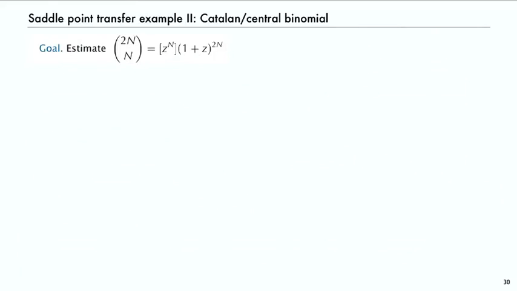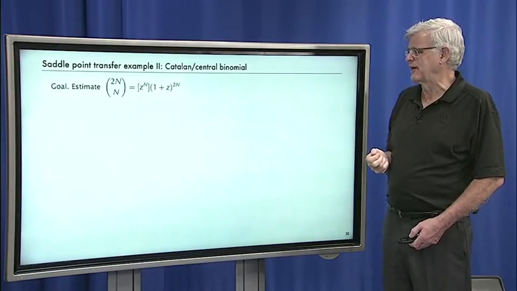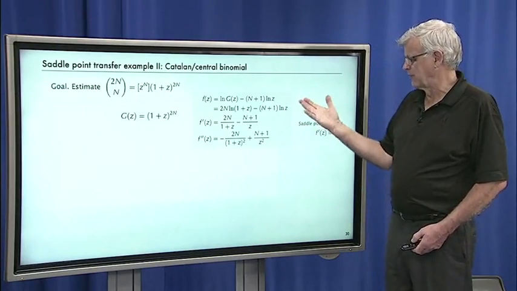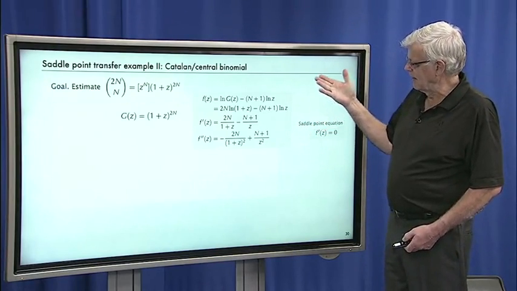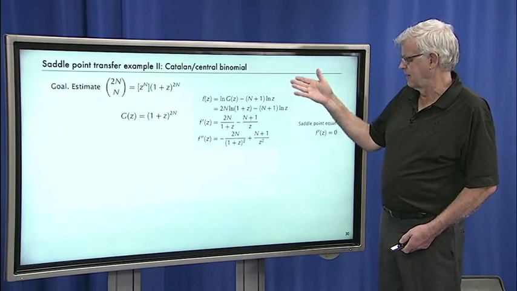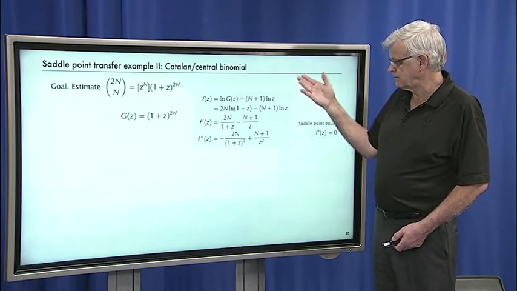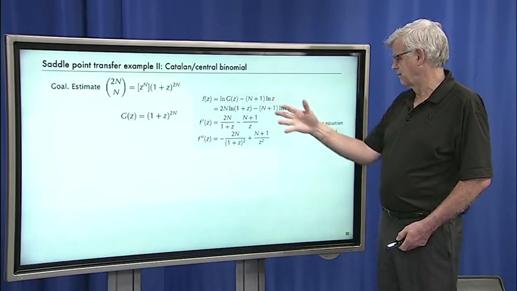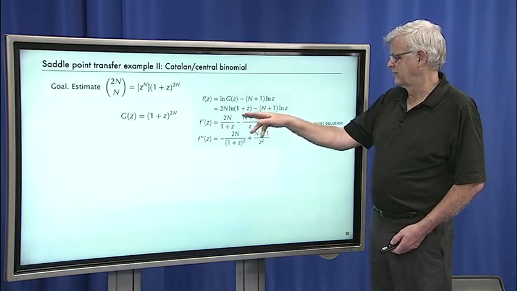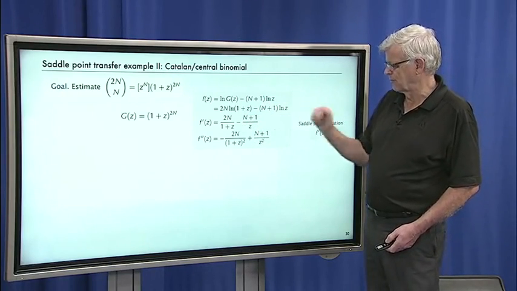So let's look again at the transfer for the central binomial case. Now we're estimating the coefficient of z to the n in (1 plus z) to the 2n. That's our g of z. If we take the log of g of z minus n plus 1 times log of z, we define that to be our function for the saddle point equation. The first derivative is 2n over 1 plus z minus n plus 1 over z.